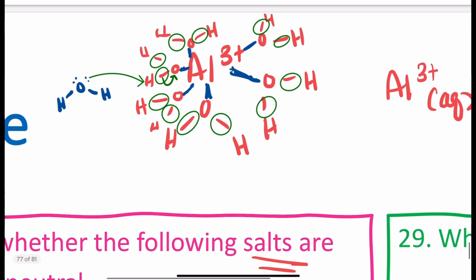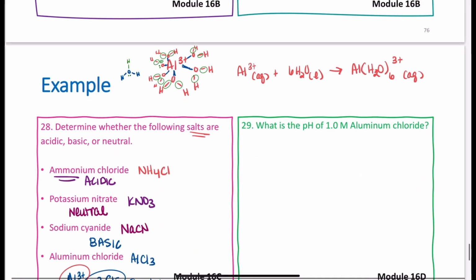So what we form is, and this is a tetrahedral compound, but I'm not going to draw a tetrahedral right now. Okay, this forms, and this has lost one proton, giving a negative charge.